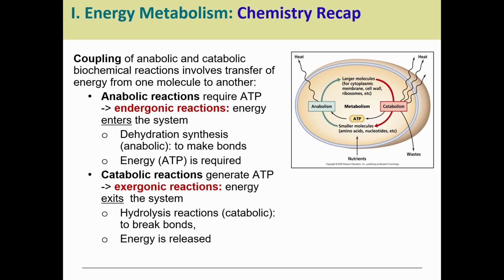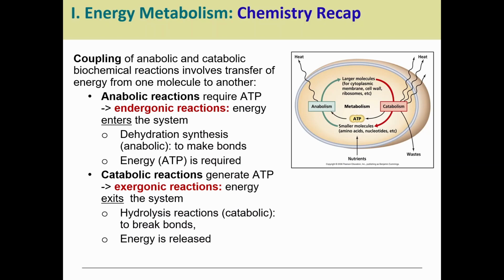So there's a coupling, right, between anabolic and catabolic reactions where we're transferring energy from one reaction to the other. Remember that anabolic reactions require energy input because they're endergonic, so they need ATP in order to power them. So something like a dehydration synthesis reaction where we have to get the input of energy.